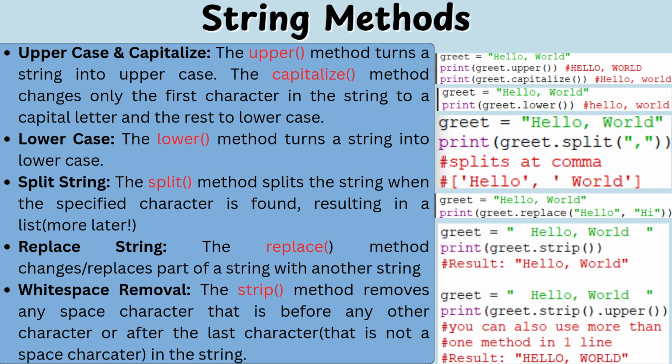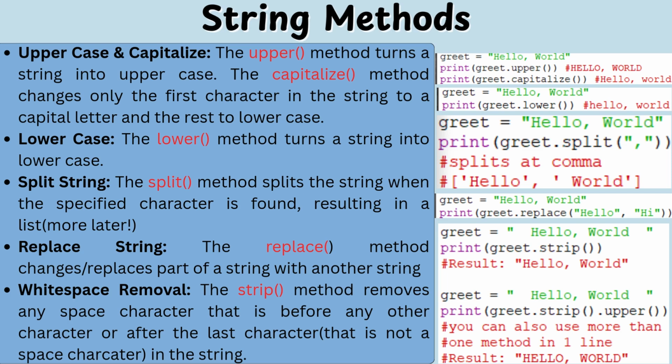You can use more than one method in one line because greet.strip gives a different string, and then upper changes that string into uppercase. So what you get at the end is hello world with no spaces at the front or at the end, in capital letters.